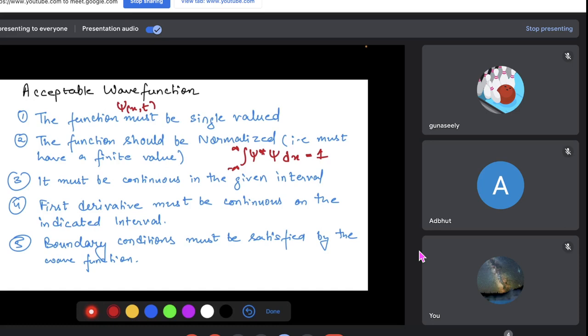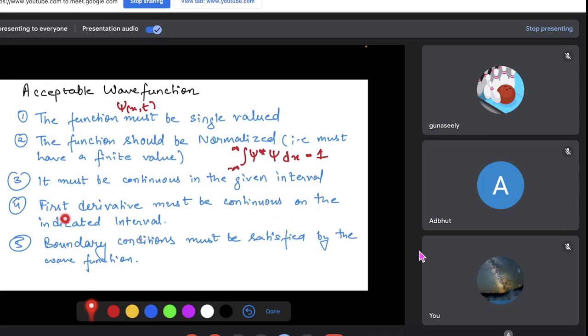And again, it must be continuous in the given interval. For it to be an acceptable wave function, my wave function should be continuous in the given particular interval. The fourth point is that the first derivative must be continuous on the indicated interval.